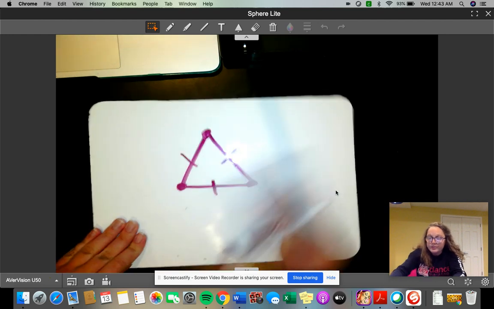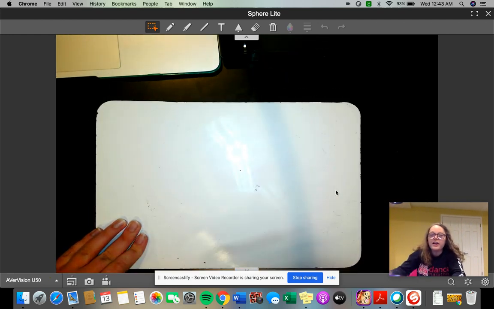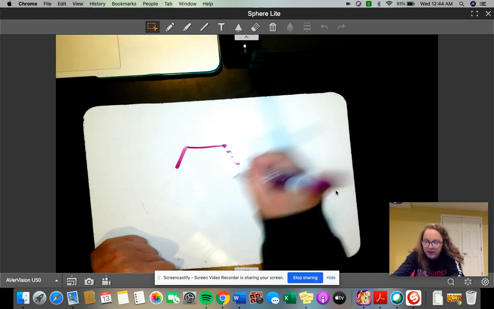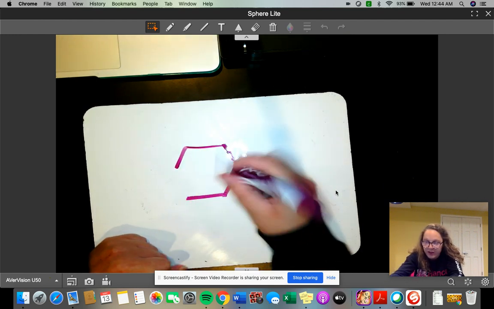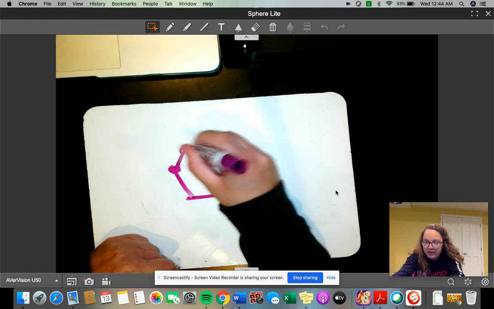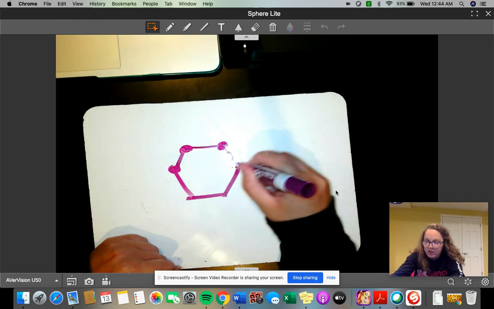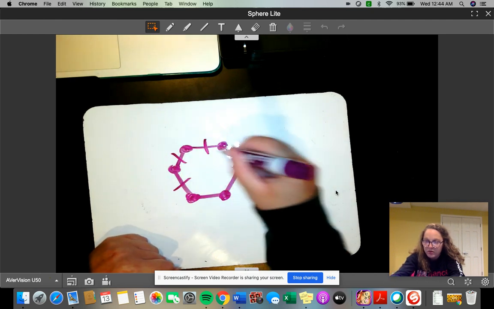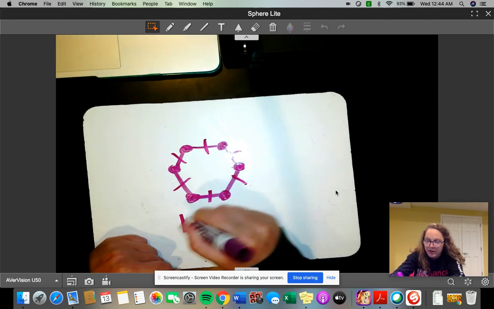We know that a hexagon has 1, 2, 3, 4, 5, 6 sides and corners. Hexagon.